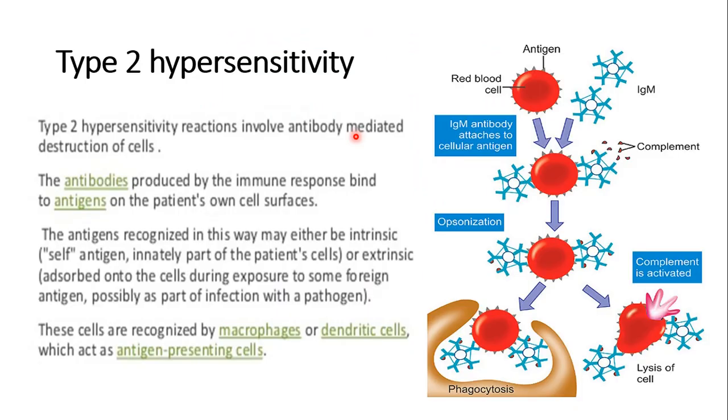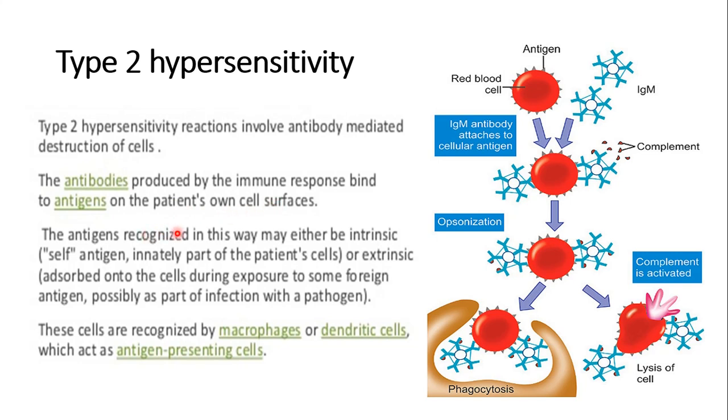Now coming towards the type 2 hypersensitivity reaction. Type 2 hypersensitivity reaction mainly involves antibody-mediated destruction of cells. The antibodies are produced by the immune response. They bind to the antigen on the patient's own cell surfaces.